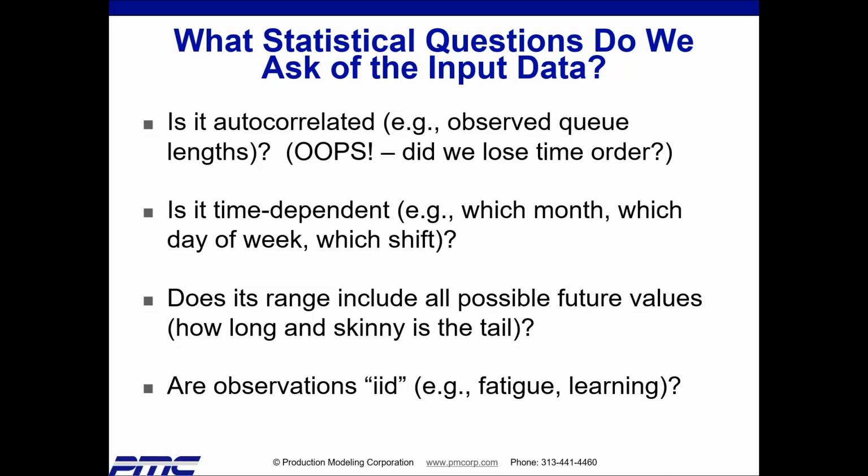So gather data on how long it took to drain and change the oil. That's one observation. Gather data on how long it took to drain and change the transmission fluid when that was done.